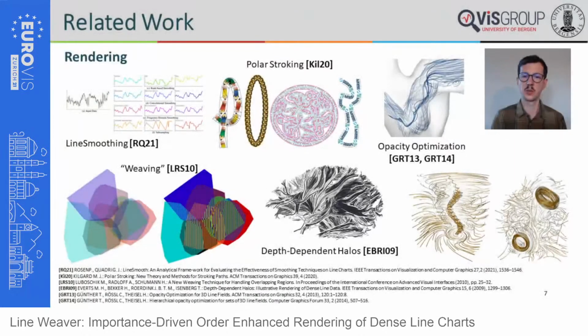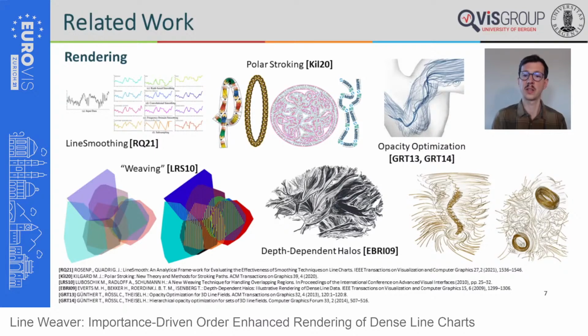Of course, there's also research related to advanced and optimized rendering techniques for dense line and curve datasets. One possibility to reduce clutter is to visualize a smooth version of the input data without high frequencies or noise, which we consider as an optional preprocessing step, being again potential input for Lineweaver.